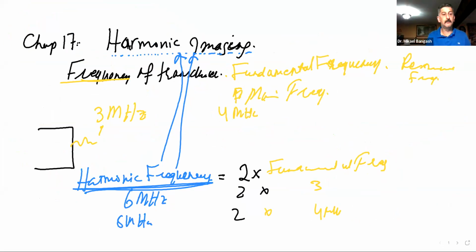A brief review. The frequency of the transducer array, which in this chapter we refer to as the fundamental frequency. Previously we called it the resonant frequency, the main frequency. Clear? So that's going to be considered regular imaging.